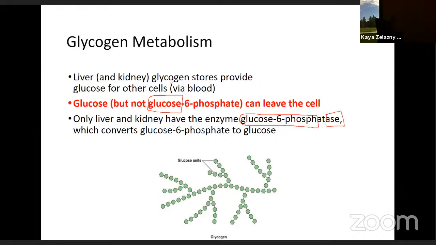In other places where we might have a little bit of glycogen, we wouldn't be able to make that glucose leave the cell. We'd only be able to use it in the cell it's in. So that's why we really care about the liver and kidney and their glycogen stores, because that's the glycogen we could liberate glucose from and then send up to the brain, for example.